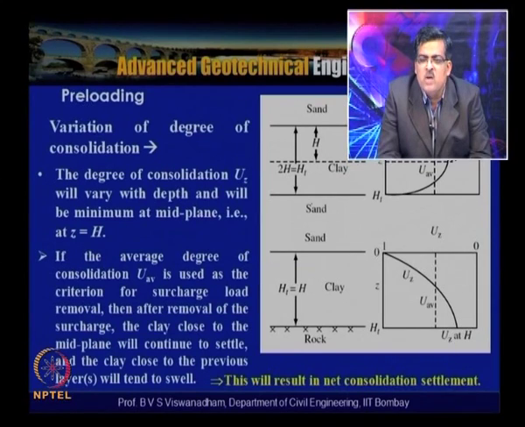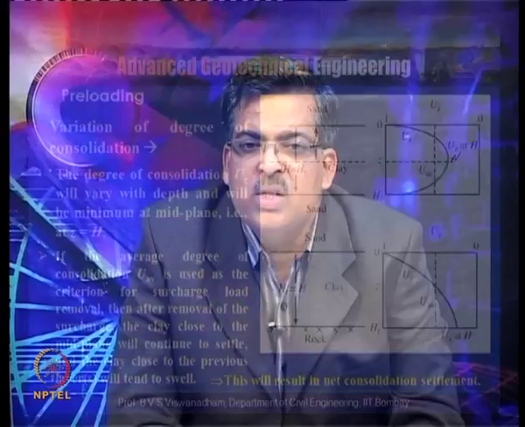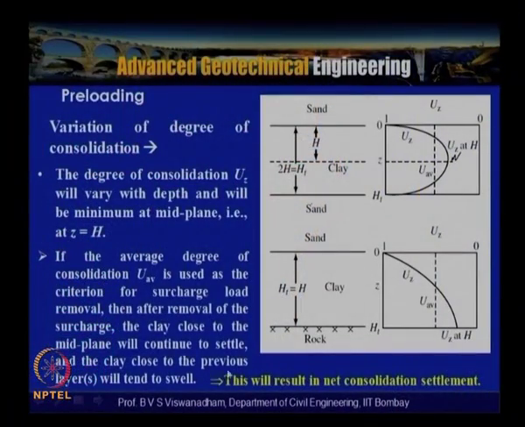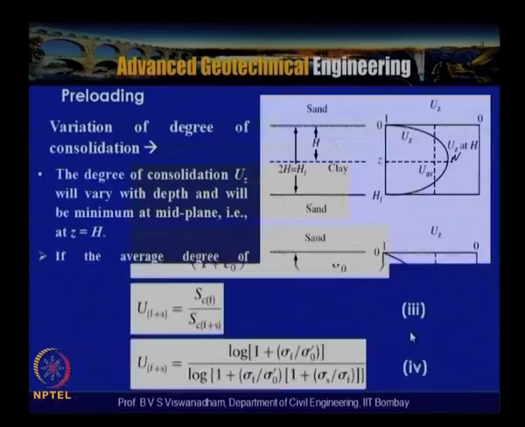Because of this reason, Johnson 1970 has recommended, on the conservative side, for assessing the degree of consolidation for the removal of surcharge, the degree of consolidation predicted at Z is equal to H, or mid plane consolidation. So the entire phenomenon that has been discussed will result in the net consolidation settlement.